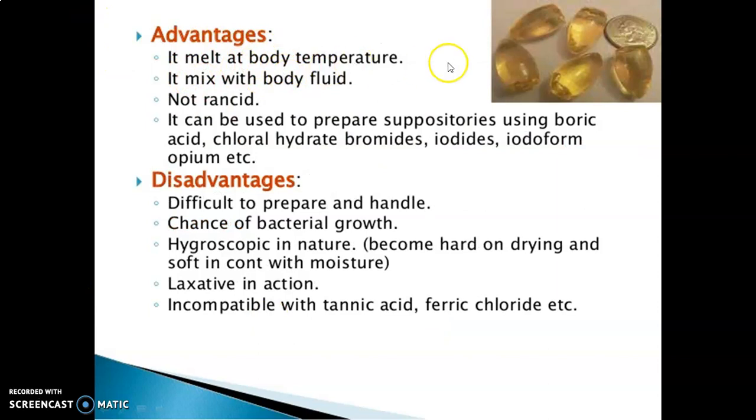Advantages are: it melts at body temperature, it mixes with body fluid, it is not rancid, meaning it does not undergo oxidation. It can be used to prepare suppositories using boric acid, chloral hydrate, bromides, iodides, iodoform, opium, etc.